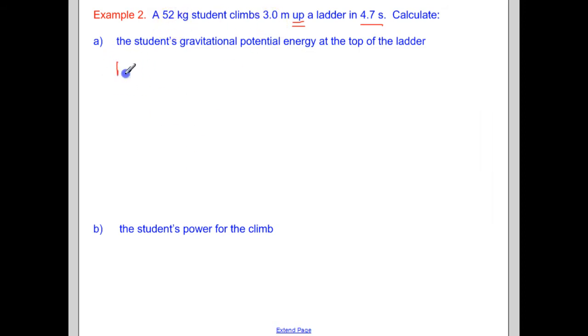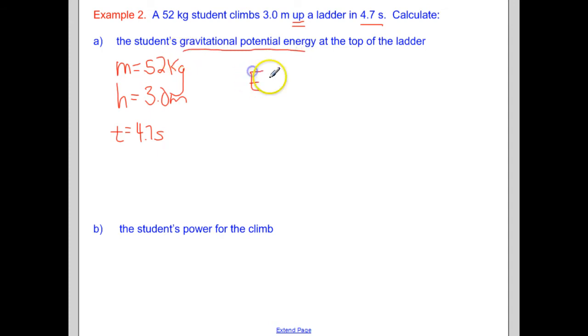So remember, we have mass equals 52 kilograms. Our height or distance moved is 3 meters. And our time is 4.7 seconds. Our gravitational potential energy is what we want first. This formula looks like this: mass times gravity times height.